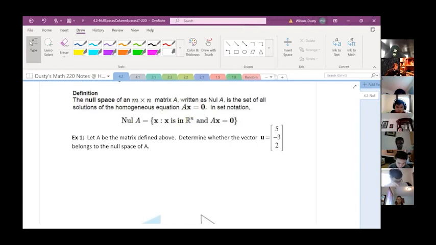You've probably seen things like this before, like f of x equals 0, which might be more familiar from the old world. If you ever see an equation that says f of x equals 0, what are you looking for? Back in pre-calculus, what was it that you were looking for?